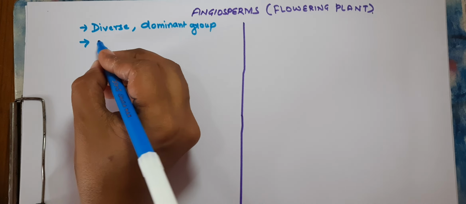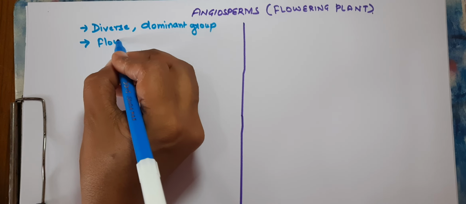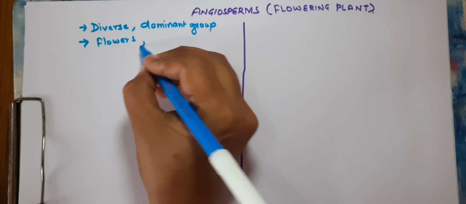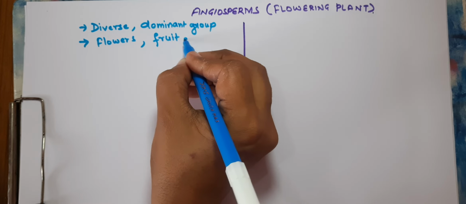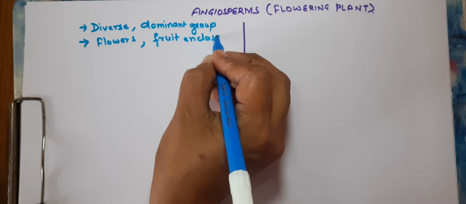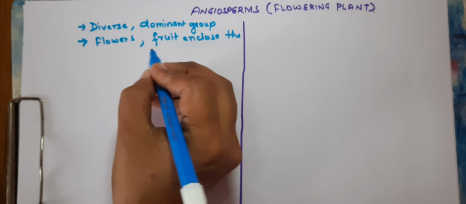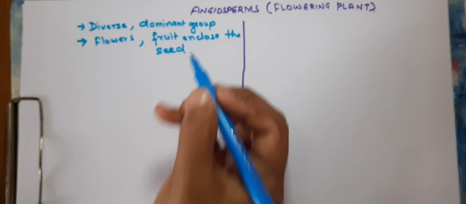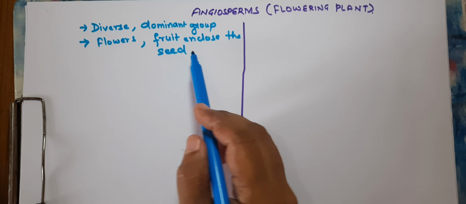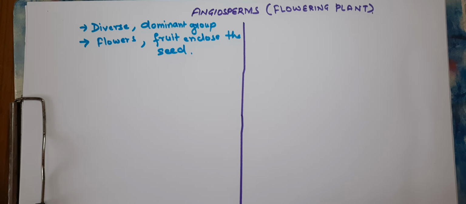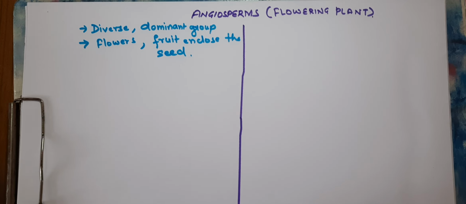They have flowers, and they have fruit that encloses the seeds. This is the main difference between the gymnosperm and the angiosperm: in the gymnosperm, the seeds are naked, like there is no fruit covering outside the seed. However, in the angiosperm, there is a fruit covering that encloses the seed inside.